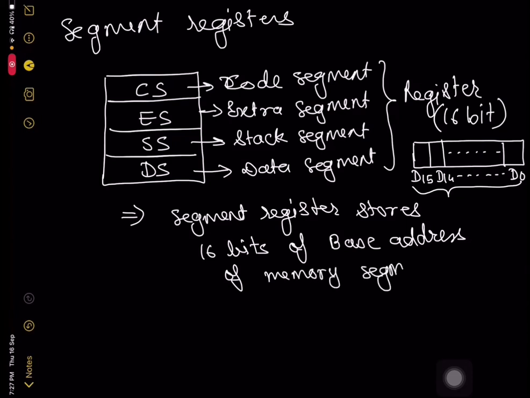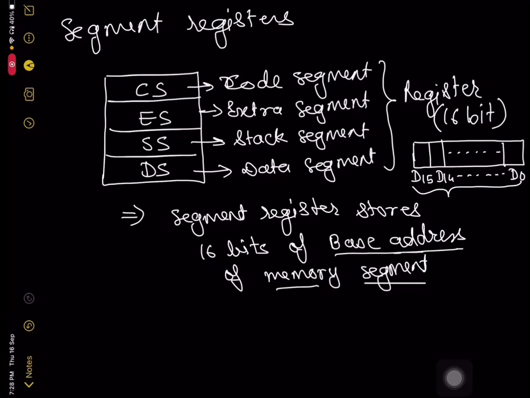What is the function of the segment register? The segment register stores 16 bits of the base address of a memory segment. Now what the base address is and what these terms mean can be discussed later, but right now you should understand that the function of the segment register is to hold the base address. It is something related to the address, and the address of what? The address of a memory segment.